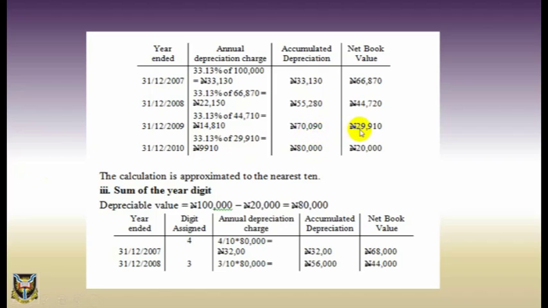Net book value is equal to 29,910. Annual depreciation charge: 33.13% of 29,910 is equal to 9,910 at 31st/12/2010. Accumulated depreciation 80,000 naira. Net book value 20,000 naira.